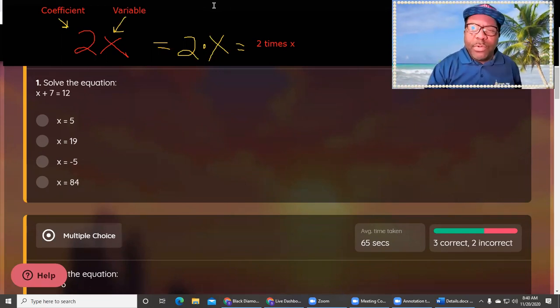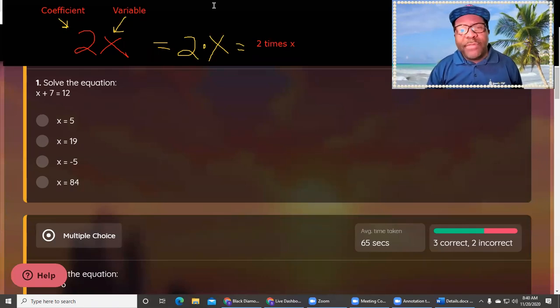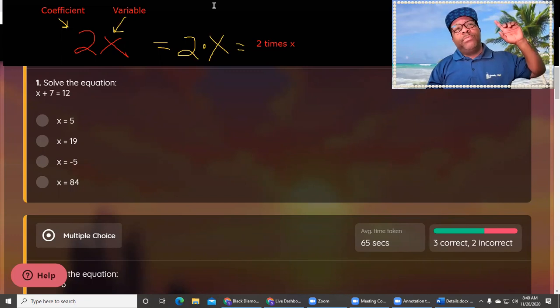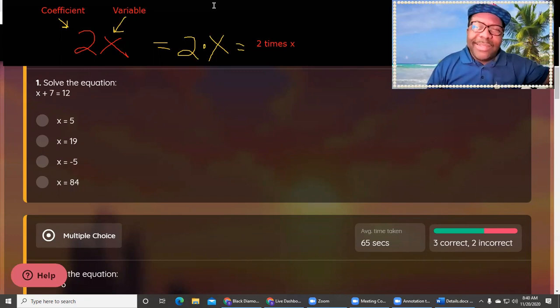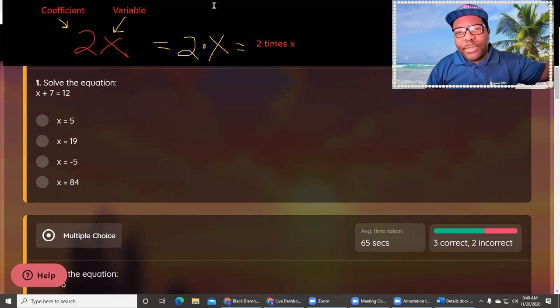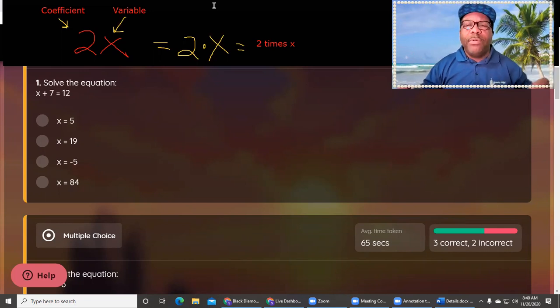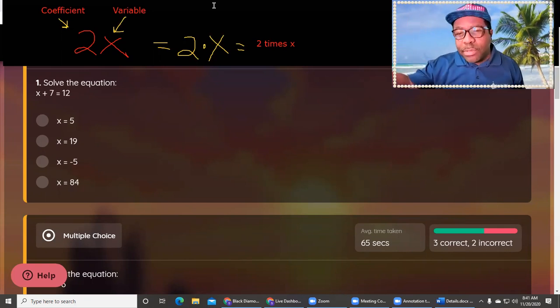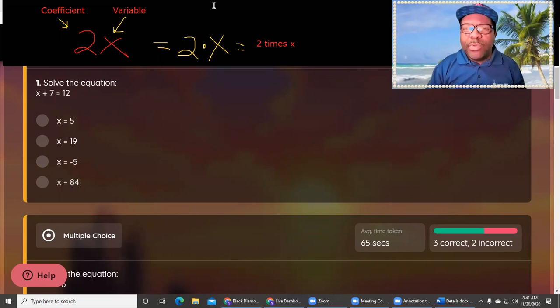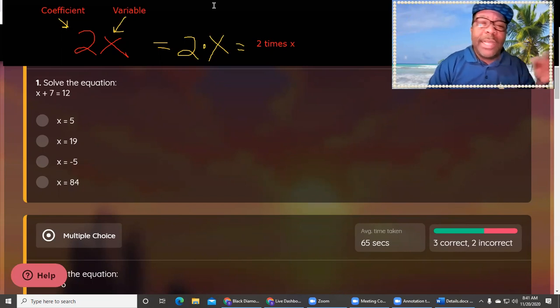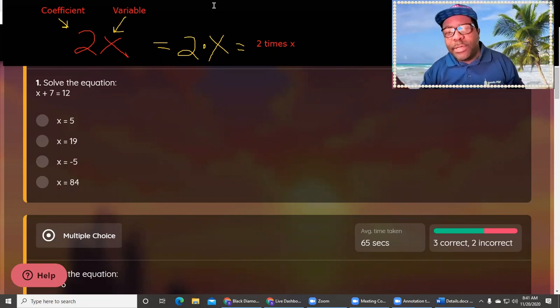You and I are going to a movie, and we're trying to figure out how much money we need to buy the tickets. If we go to the theater on Lynn Haven, the tickets are going to be $8 apiece. If we go to the movie theater at Military Circle, the tickets are going to be $6 apiece. So in 2x, x is the variable. It's going to vary depending on whether we go to Lynn Haven or Military Circle.